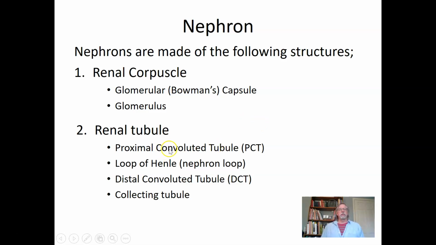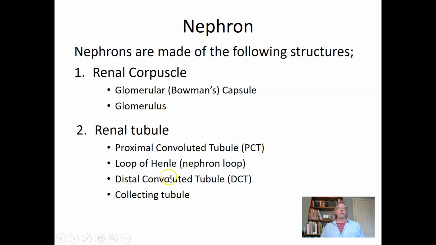The tubule has different segments. First, a proximal convoluted tubule. Proximal means near to the corpuscle. Convoluted means very twisty, turny. I'll just call this the PCT from now on. That leads to another structure, a loop of Henle, which dips down into the medulla.